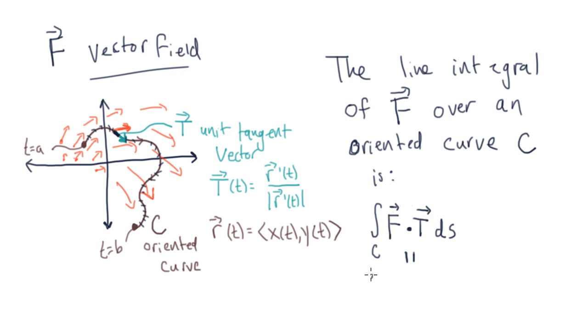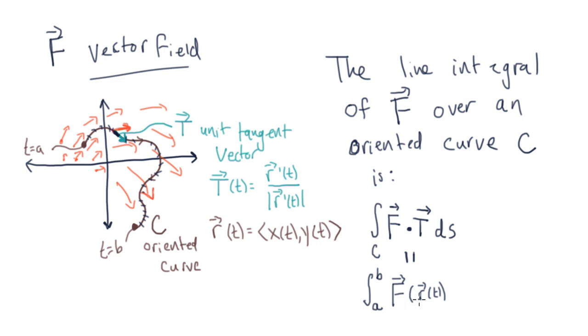Well, since we have a parameterization, we can write the integral as the integral from a to b of what? So I'm going to take my vector field F, okay? And so recall that the vector field, we're going to evaluate at the point r of t. And now what do I mean by this?